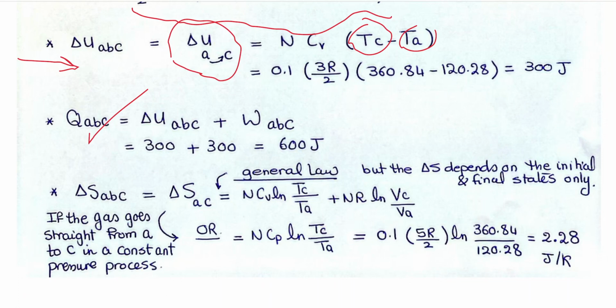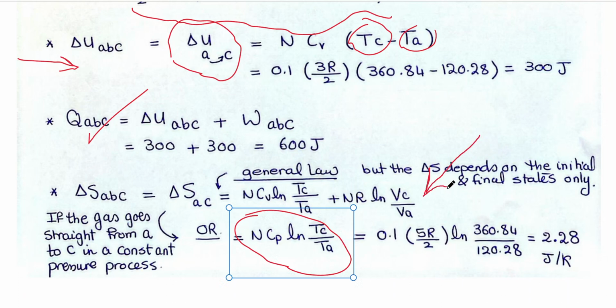So you can use this form or the general form. Why? Because the entropy change is a state function, doesn't depend on the path, it just depends on the initial and final.